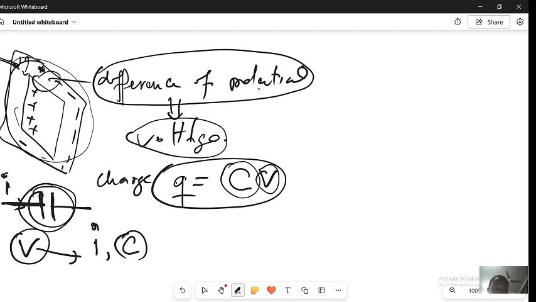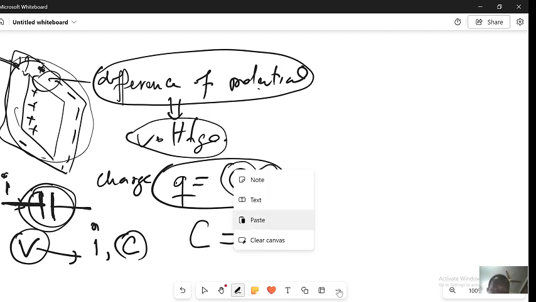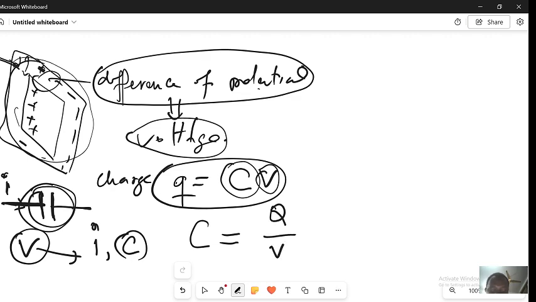Or I can say that the capacitance is equal to the charge Q divided by the voltage. When I have the charge Q entering the capacitor and the voltage, I can directly determine the capacitance.